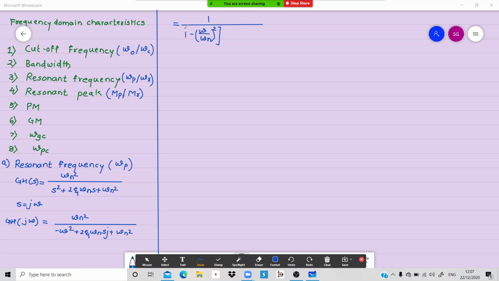So this becomes the real part, and plus 2 zeta, 1 omega n is getting cancelled out, so omega upon omega n j, so this will be the imaginary part. Now we want to get the magnitude of this G H j omega, so I'll write magnitude of G H j omega is equal to 1 upon, I'll write it under root, so it will be easy.